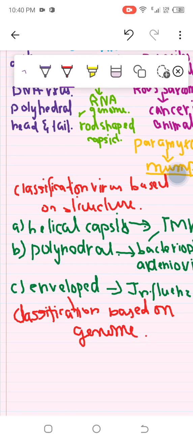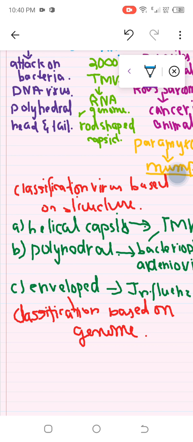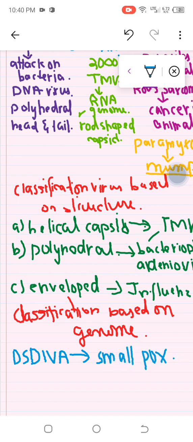First of all we have double stranded DNA, the virus which is present in smallpox.